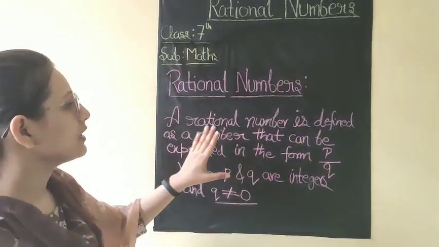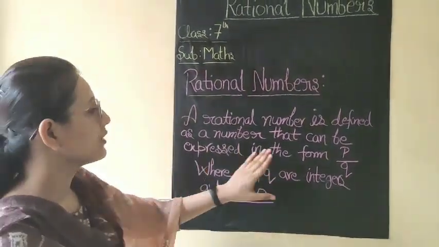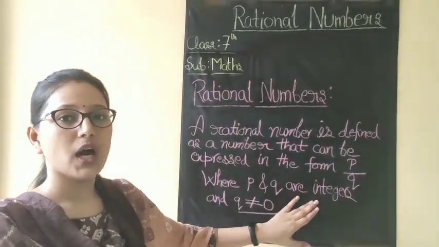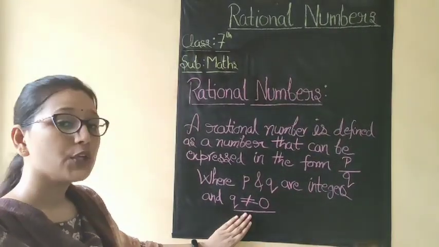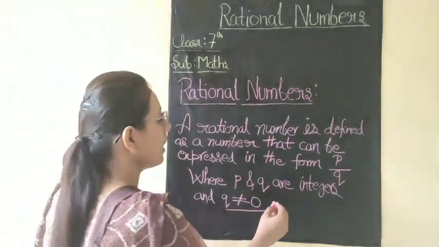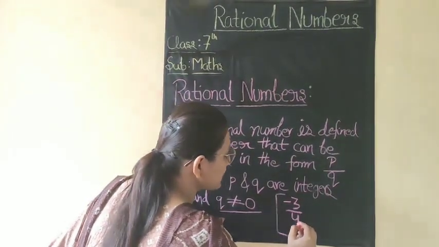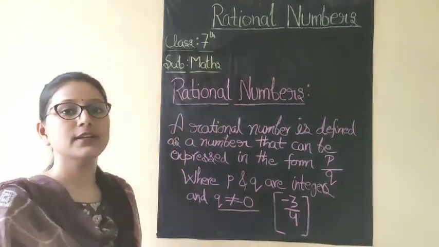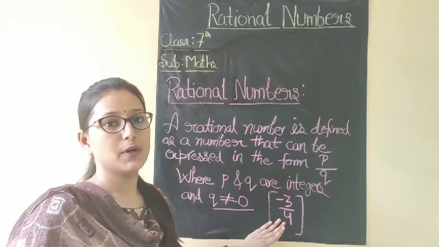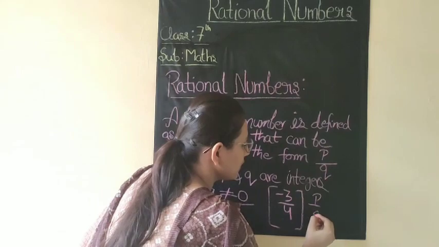So, a rational number is defined as a number that can be expressed in the form of p/q, where p and q are integers and q is not equal to 0. Is the number -3/4 a rational number or not? So, the number -3/4 is a rational number because it is written in the form of p/q.